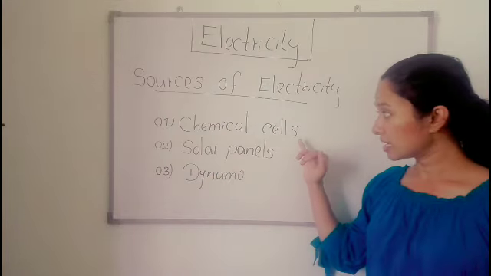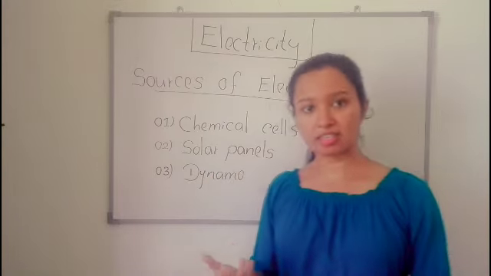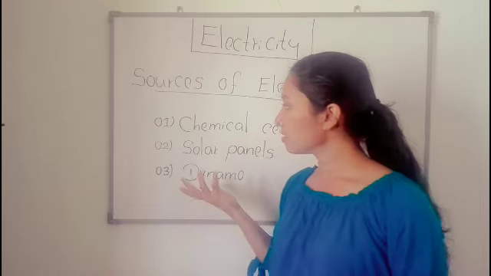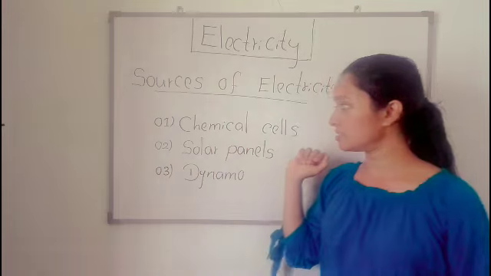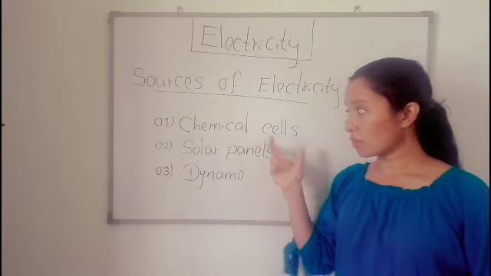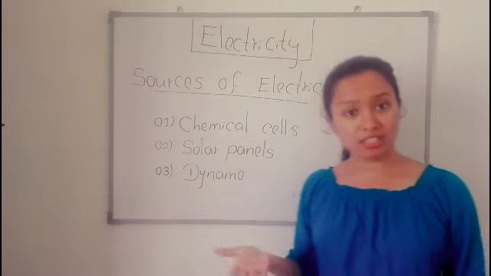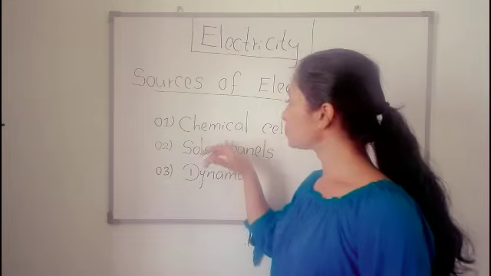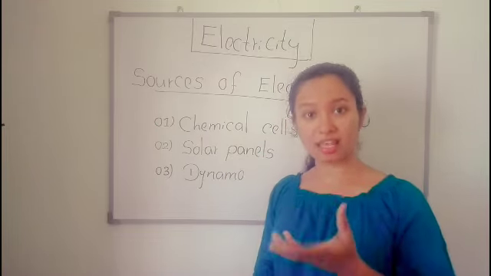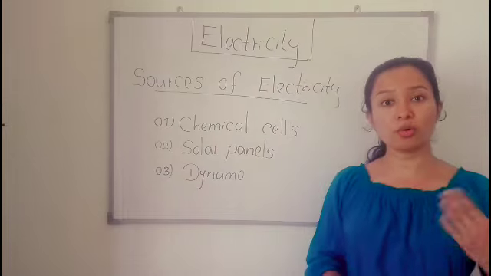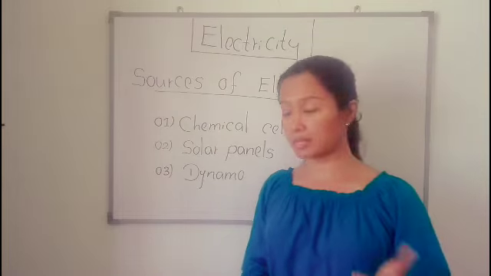In chemical cells, how is the electricity generated? In chemical cells, electricity is generated by a chemical reaction. Inside the cell there is a chemical reaction, so electricity is generated by chemical reaction.